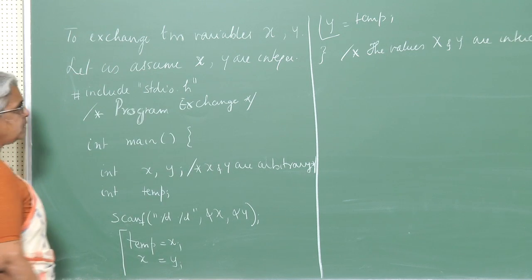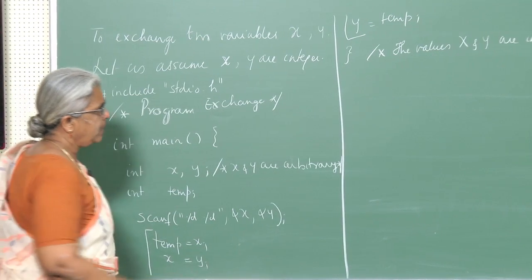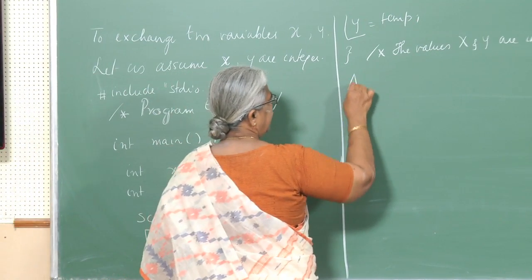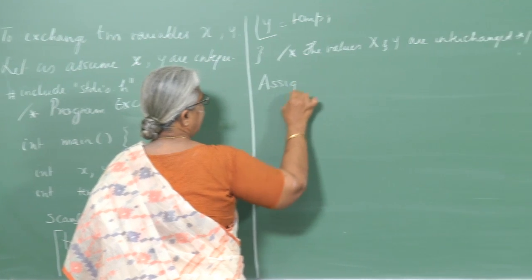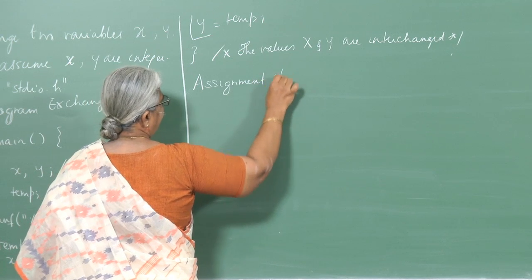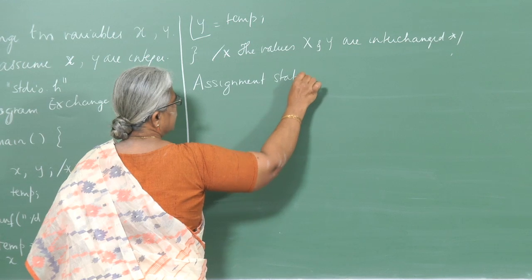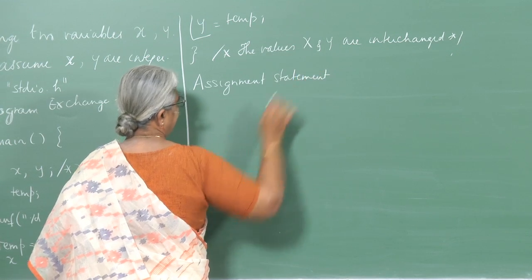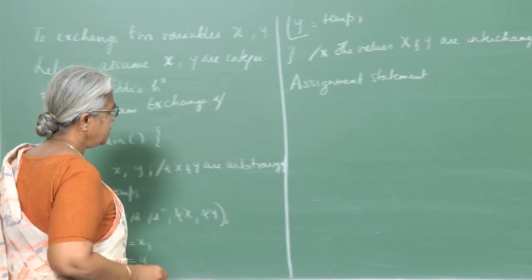This is a particular control structure that is available in any programming language, and it is called the assignment statement. You can write very large programs with simply assignment statements. What is an assignment statement?